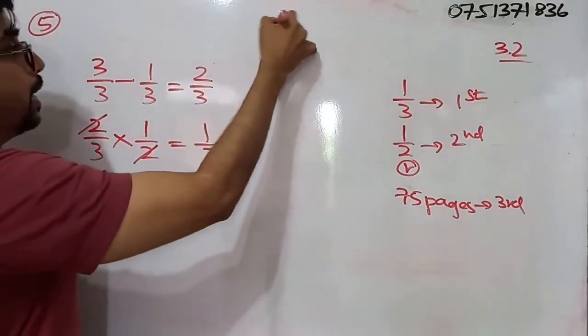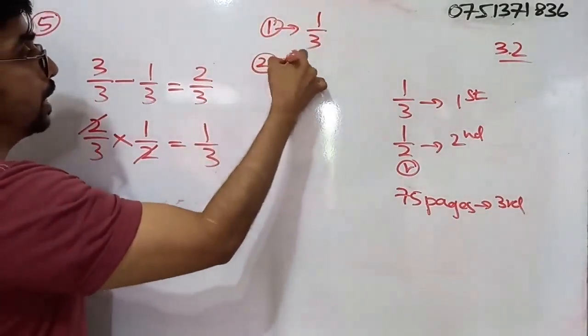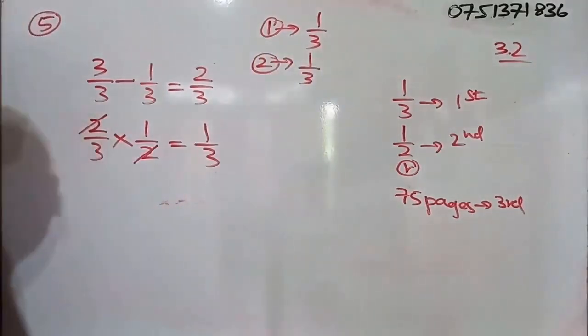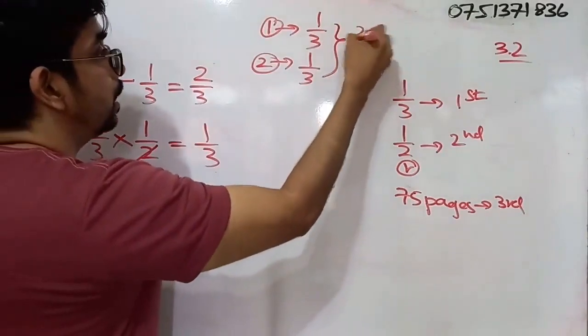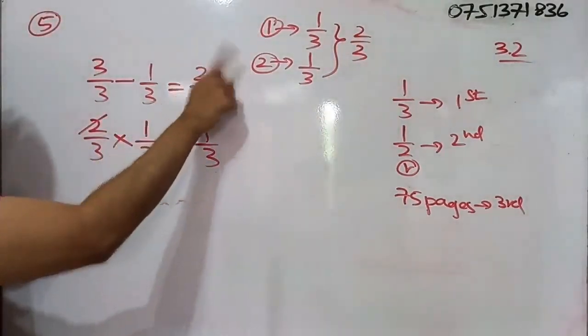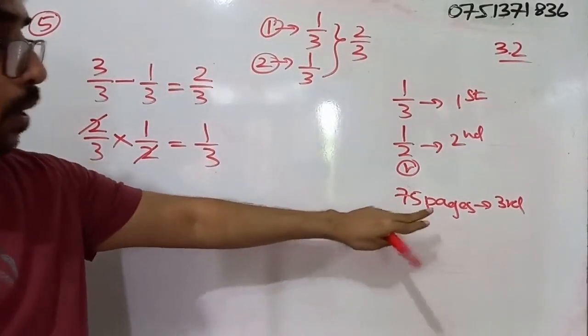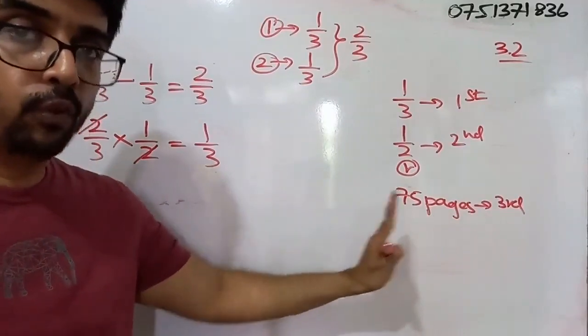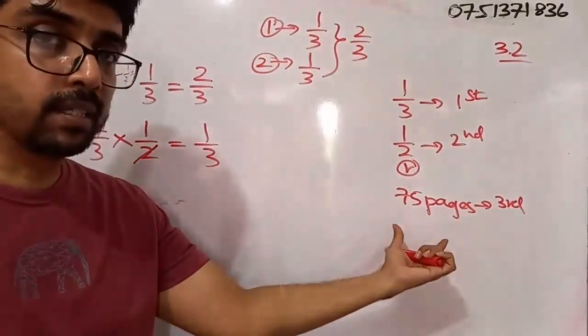That means what? On the first day, she read a third of the book. And the second day, she read also another third of the book. So altogether, on the first and the second day, she read 2/3 of the book. Huh? So the remaining pages, on the third day, she read the rest of the book, no? So the number of remaining pages were given, 75 pages.